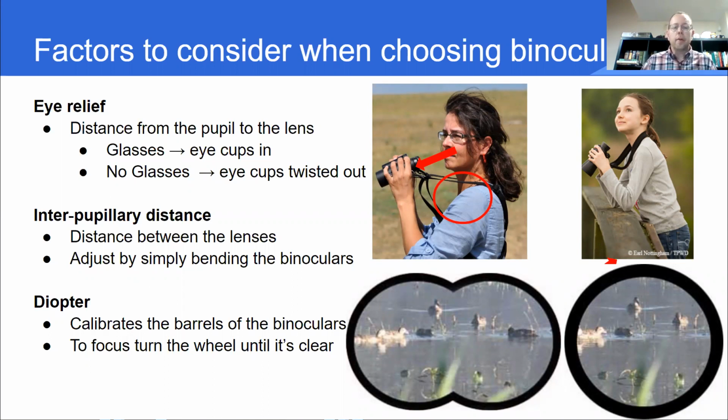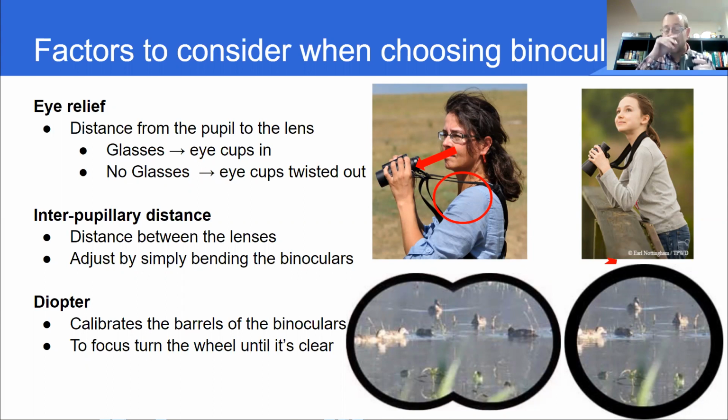And then the final part is what is called a diopter. Oftentimes, our left eye and our right eye are not equally strong. The diopter allows us to calibrate the binoculars so that we're seeing equally through our left and our right eye, and the lenses are adjusted to that.